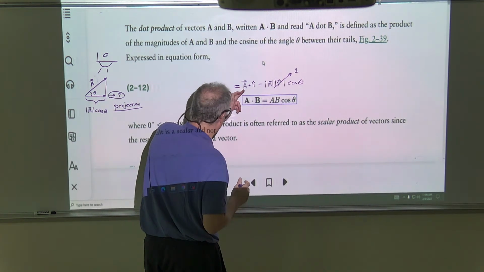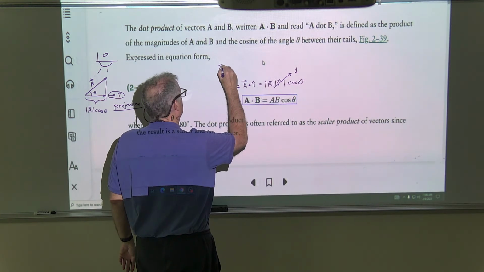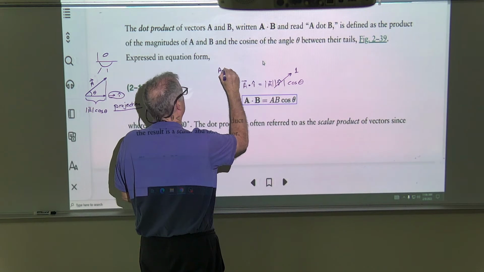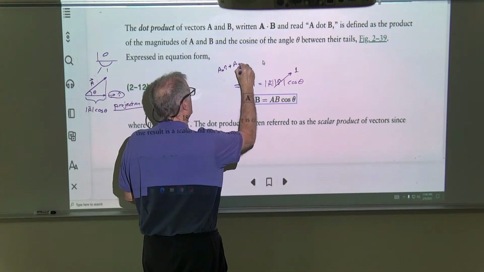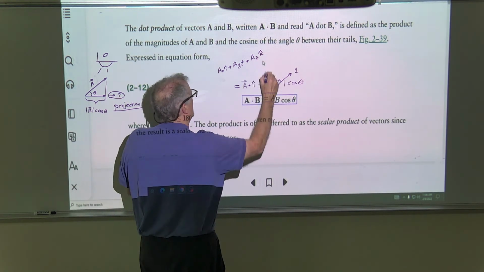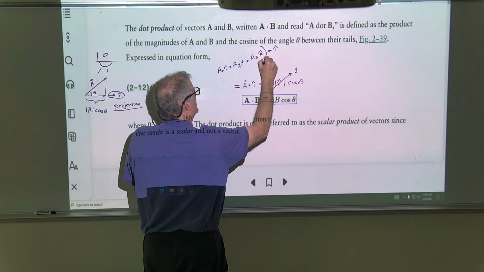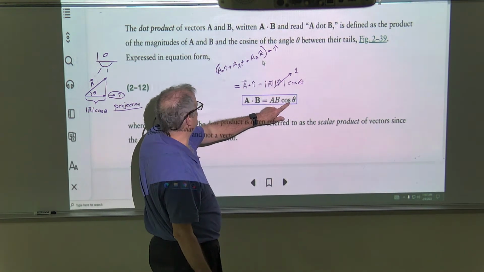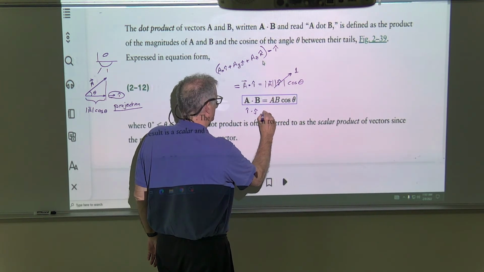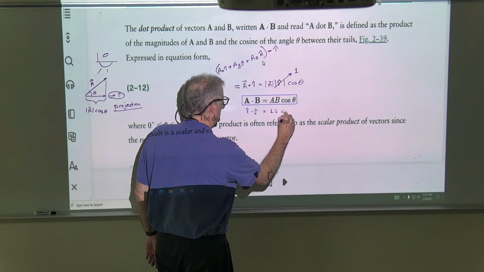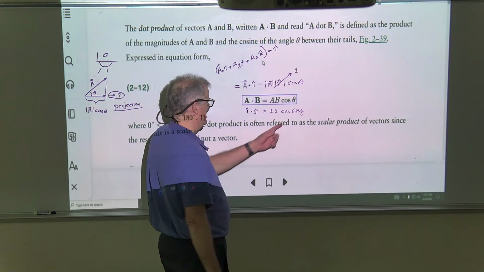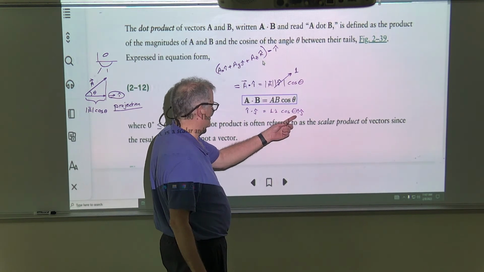If you take A and you list it like this, AX I plus AY J, and yeah, let's go ahead and say AZ K, and you dot that with I, and use this relationship where you replace I dot J, length 1, 1, cosine of the angle between I and J is 90 degrees.